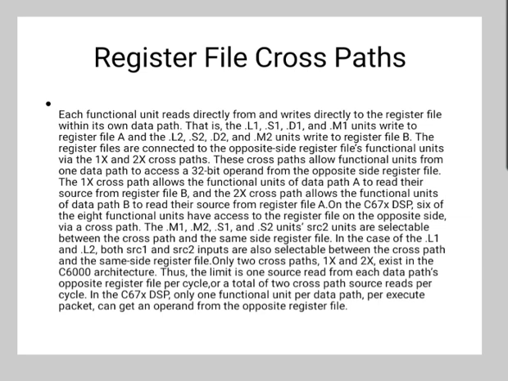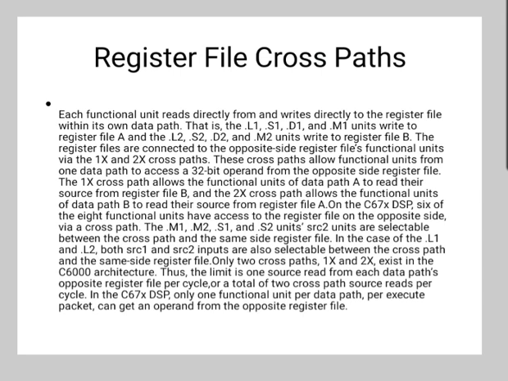That is, L1, S1, D1 and M1 units write to register file A, and L2, S2, D2 and M2 write to register file B. The register files are connected to the opposite side register file's functional units via the 1X and 2X cross paths. These cross paths allow functional units from one data path to access a 32-bit operand from the opposite side register file.